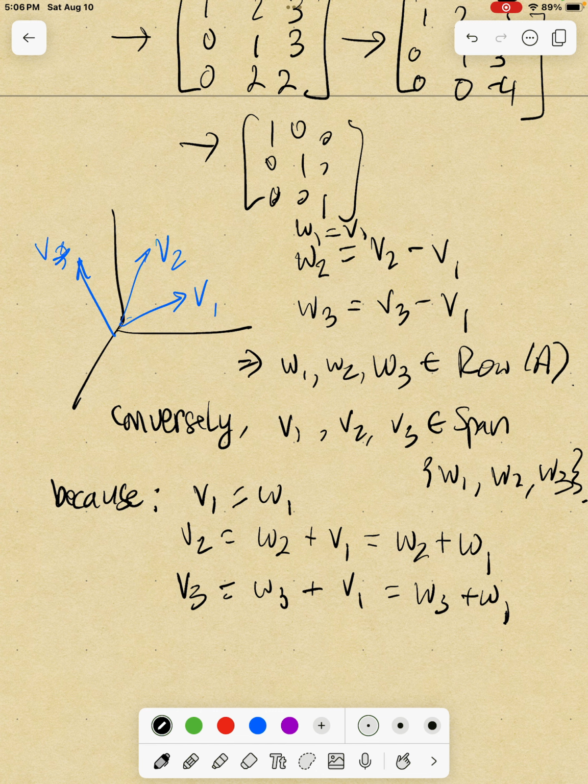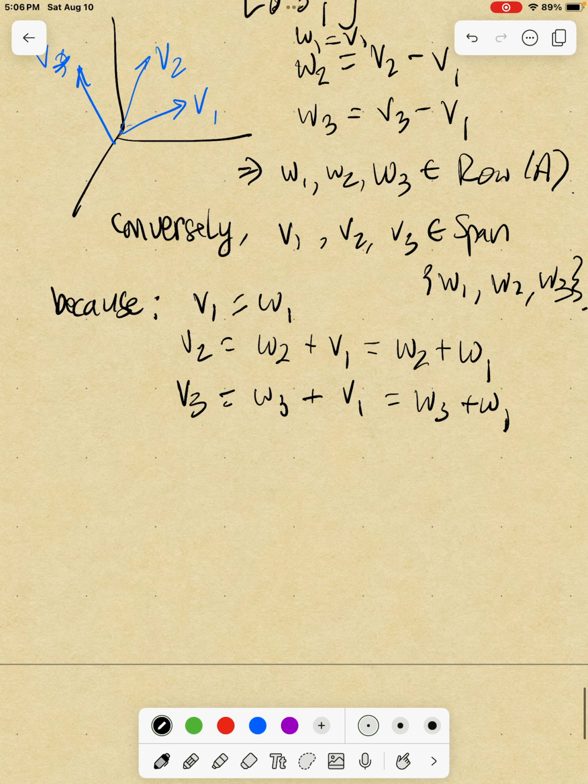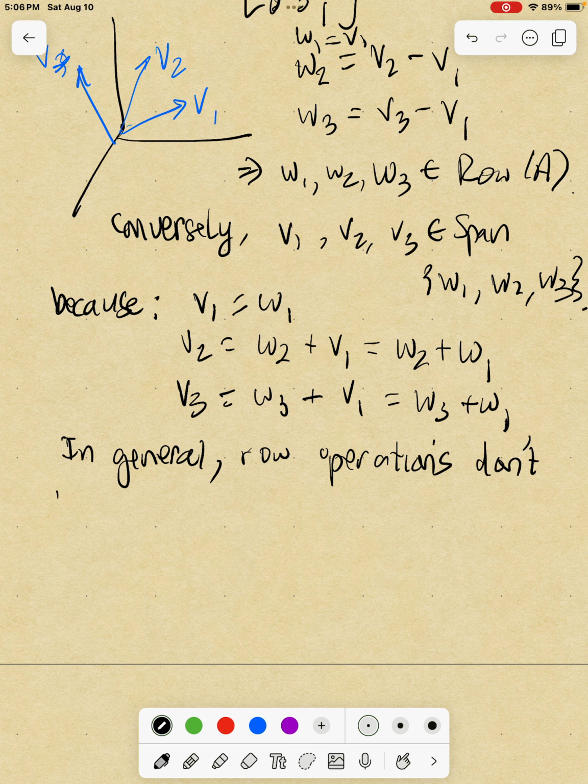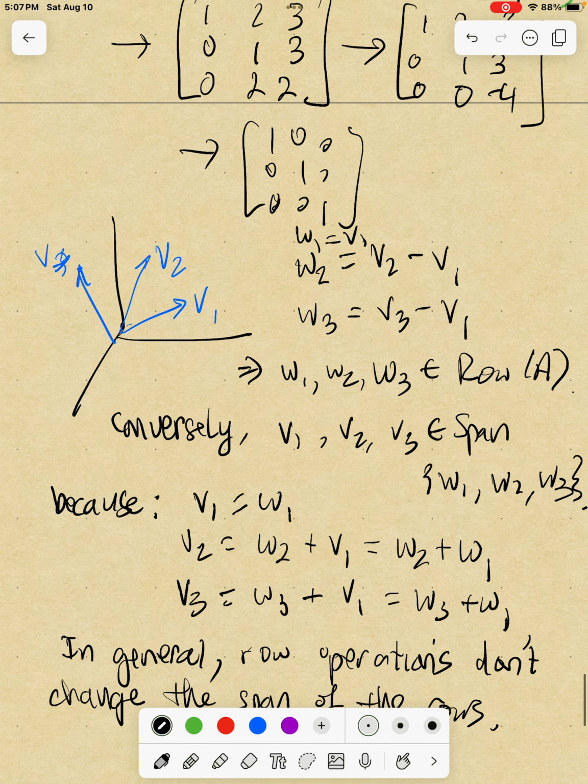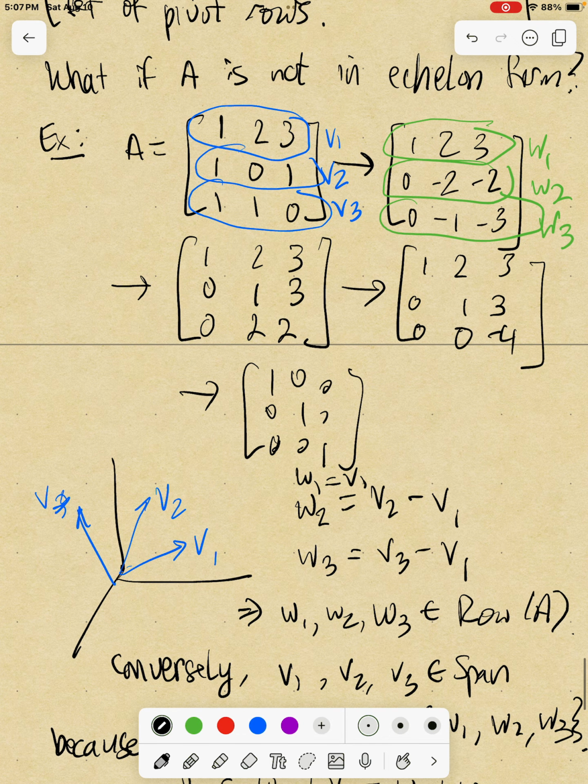And in general, this is true. So in general, row operations don't change the span of the rows. In other words, V1, V2, and V3 are going to span the same span as W1, W2, and W3.